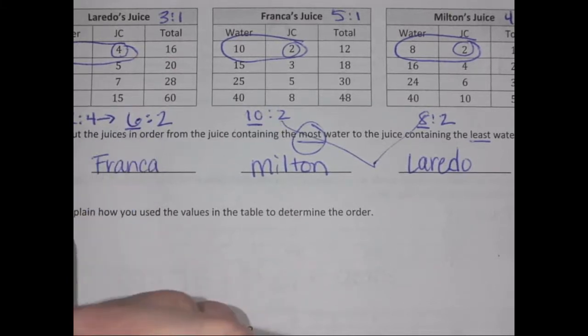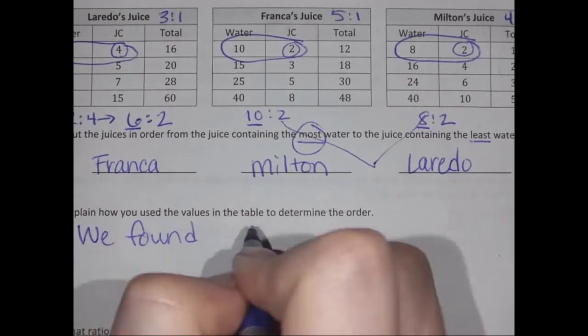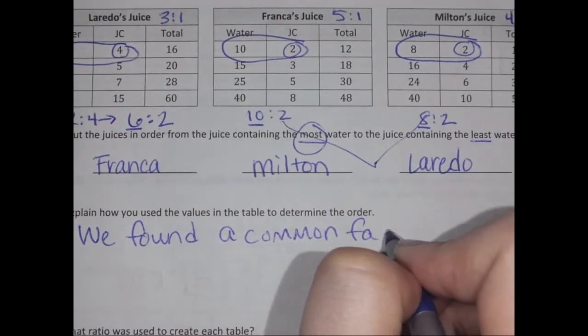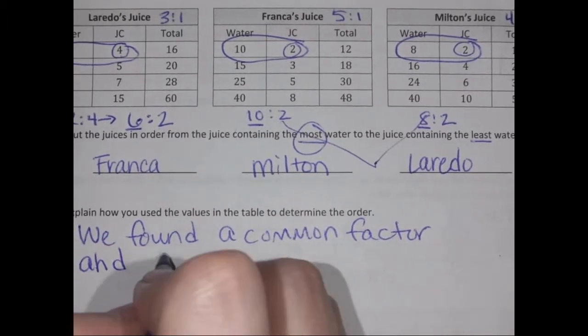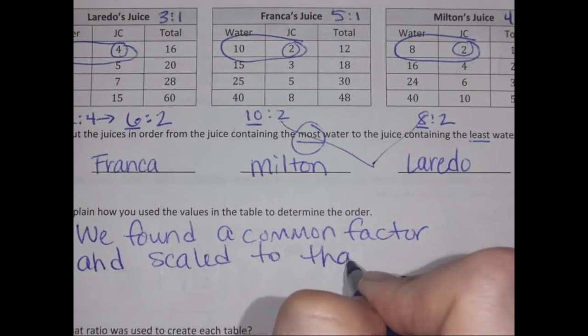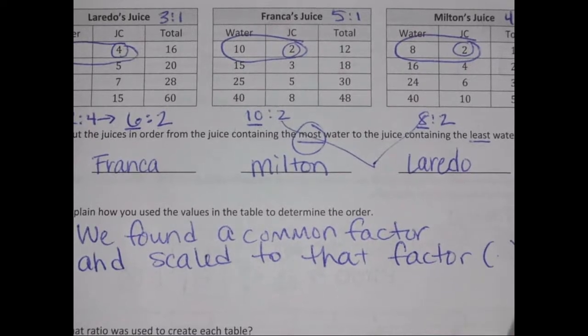So we could scale down, right? So we found a common factor and we scaled our ratios to that factor. And in this case, what was the factor that we scaled to? Say it. 2. Yep.